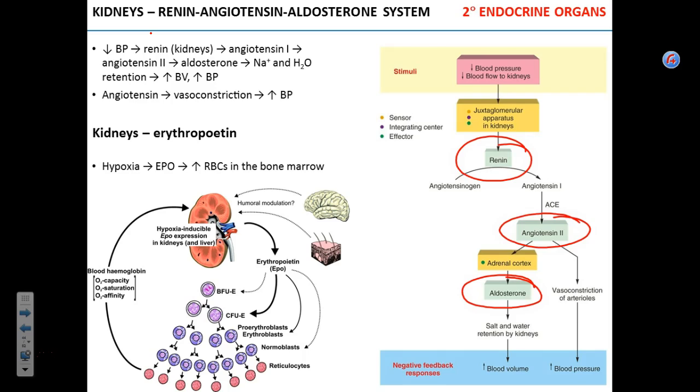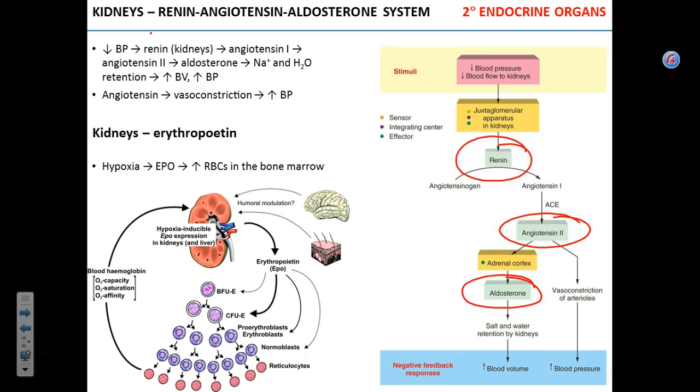So renin, angiotensin, aldosterone system, called RAS, it's actually like an acronym for it. It's one of the major long-term renal responses to low blood pressure, if not the major long-term renal response.